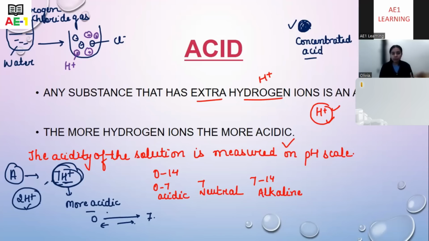Having more H positive ions in anything represents its nature as acidic. So the more hydrogen ions there are, the more acidic it is. Is it clear? Okay.